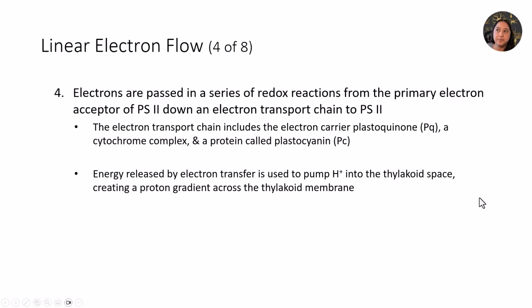So there is an electron transport chain here as well, and it functions in photosynthesis. So electrons are passed in a series of redox reactions from the primary electron acceptor of PS2 down an electron transport chain to PS1. That electron transport chain here includes this electron carrier called plastoquinone, or just PQ.